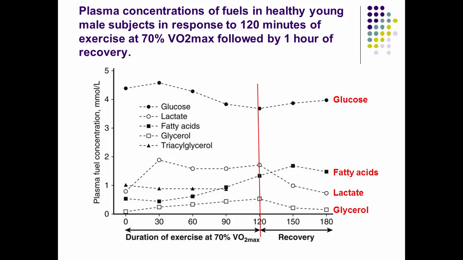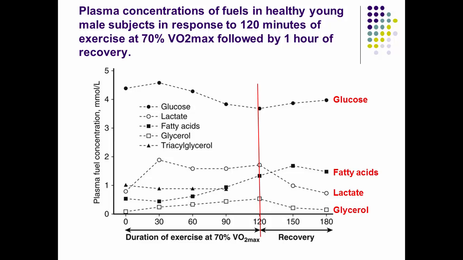And if you look at the fatty acids, they are also an important fuel for muscle in exercise. You also see a gradual increase in the fatty acid levels in circulation. That means the fat tissue may break down triglyceride and release fatty acids into circulation. This process is called lipolysis, and it increases during the exercise. We're going to explain how fatty acid release, or lipolysis, is increased during exercise.